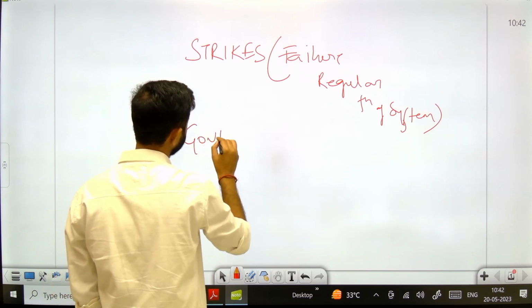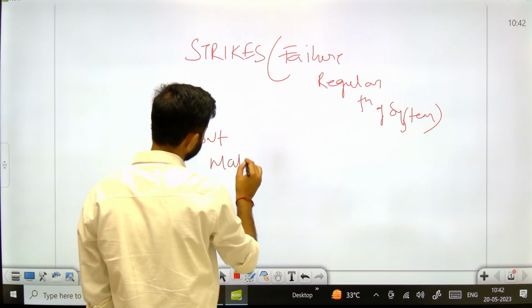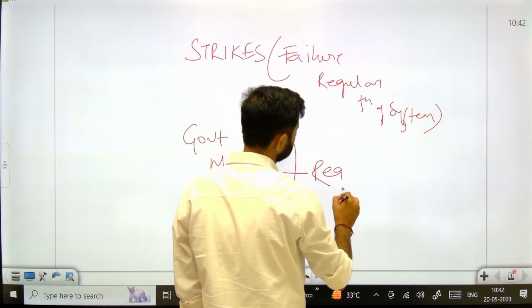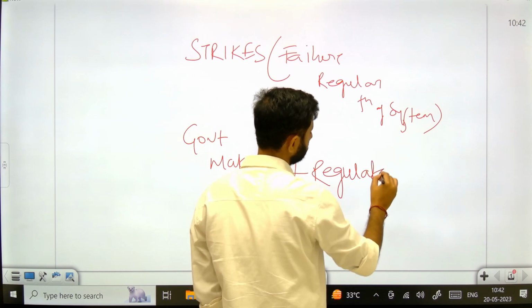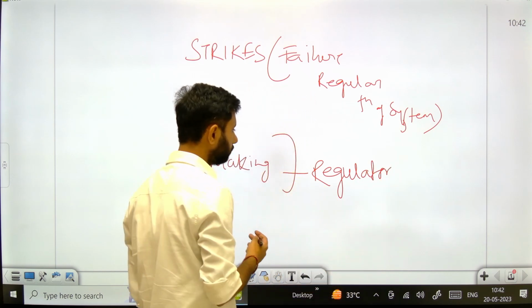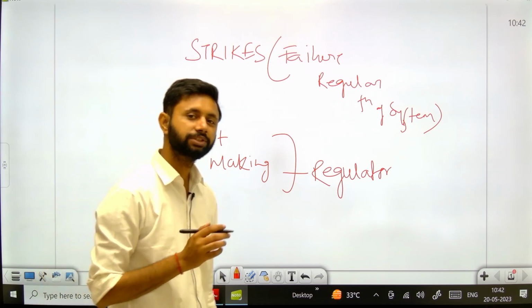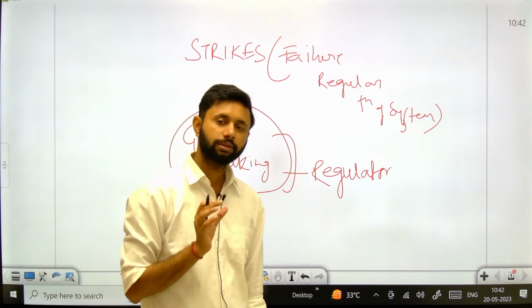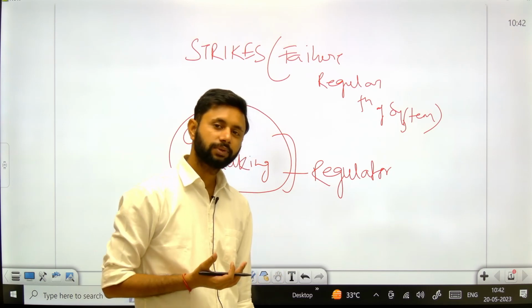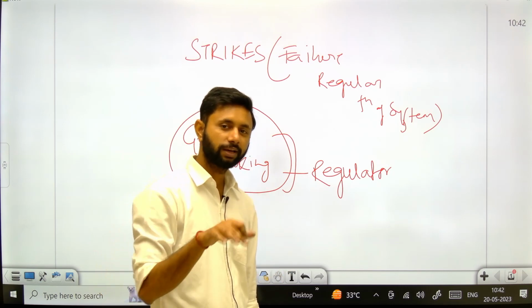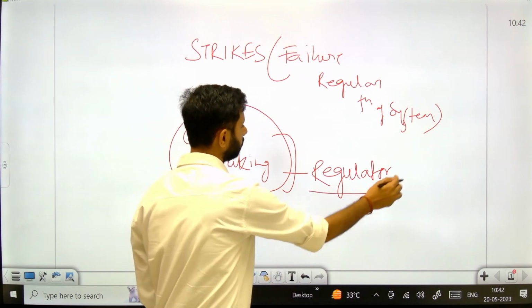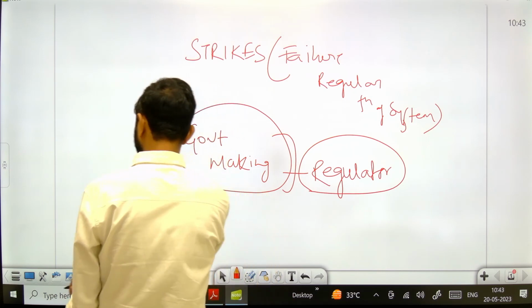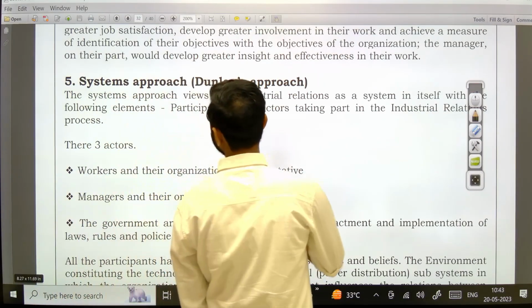Government making policies is acting as a regulator of the system. In the third portion we have mentioned the rules, which tell how the actors will perform and how actors will interact within the constraints put by the regulator. So this approach is known as the systems approach.